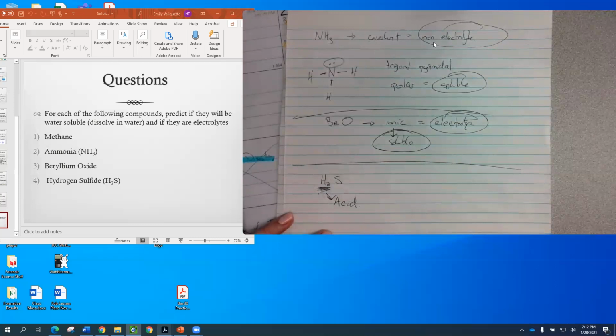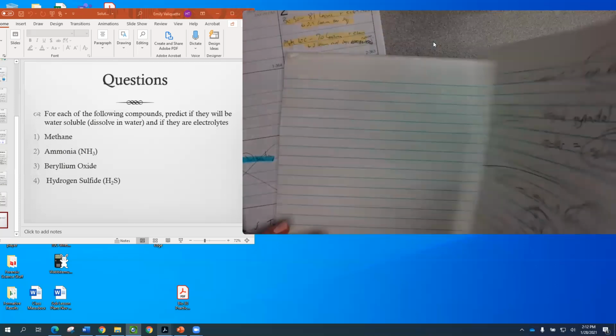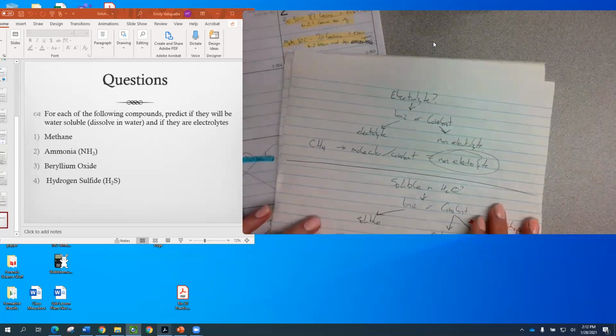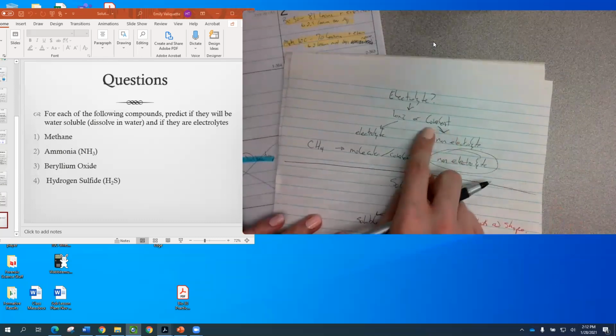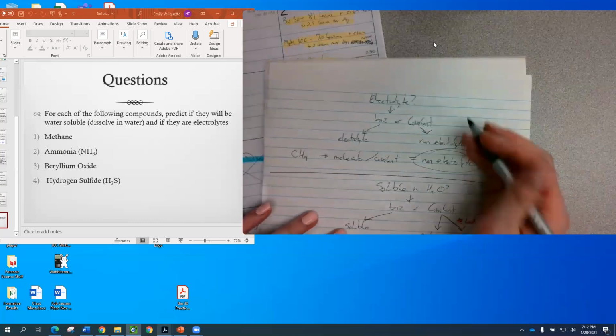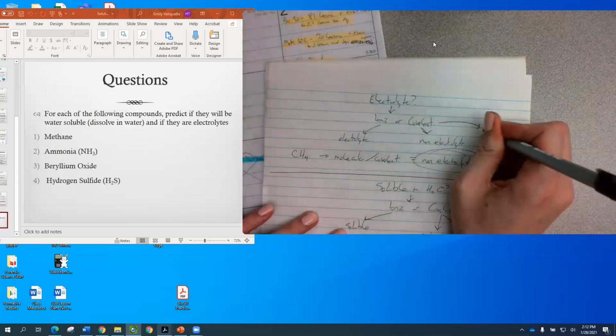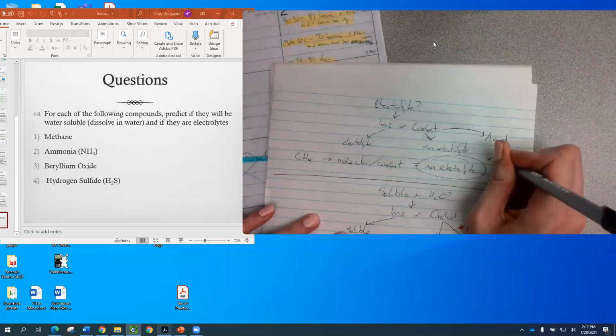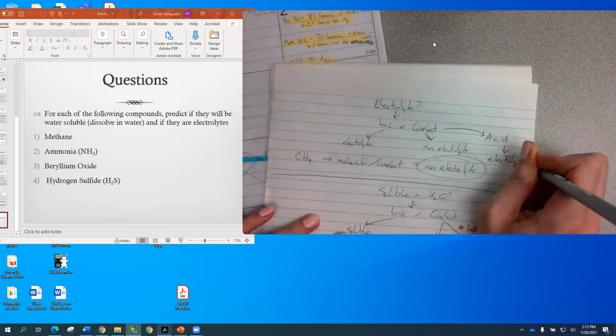So this is not going to behave like a normal covalent or molecular compound. Acids are going to act differently. And what you need to know about acids is that even though they are covalent, if they are an acid, they will also turn into an electrolyte.